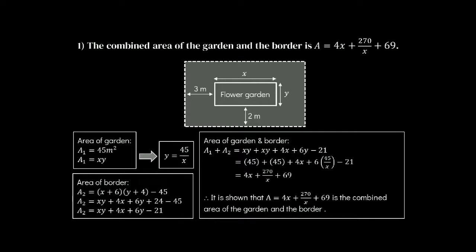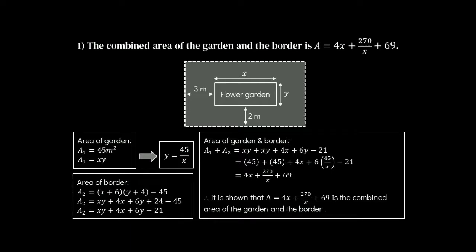From the recent equation, we finally can find the combined area of the garden and the border. So, the equation for the combined area is A1 plus A2 equal to xy plus xy plus 4x plus 6y minus 21. So, we replace xy with 45 because the area of garden or A1 equal to xy equal to 45.